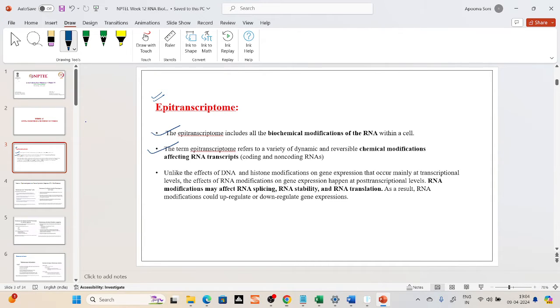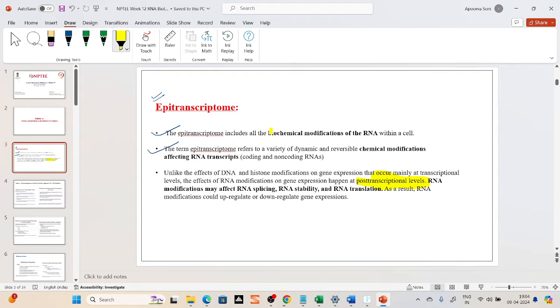Unlike the effects of DNA and histone modifications on gene expression, which occur mainly at the transcriptional level, the effect of RNA modifications happens at the post-transcriptional level. Always remember that.